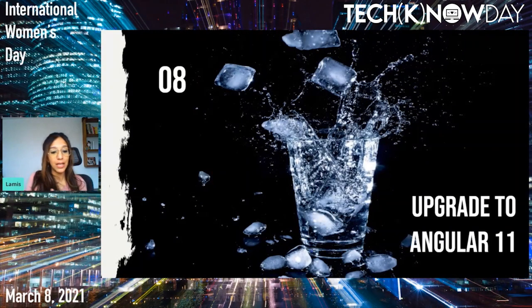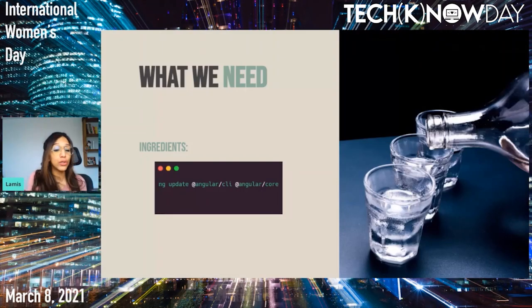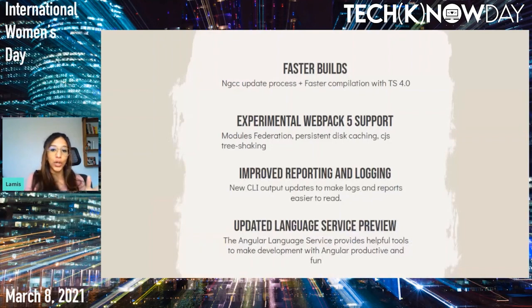There are many things that you can benefit from by upgrading without doing anything. So just upgrade, and in order to do an upgrade, there is one secret ingredient, which is the ng update schematic.